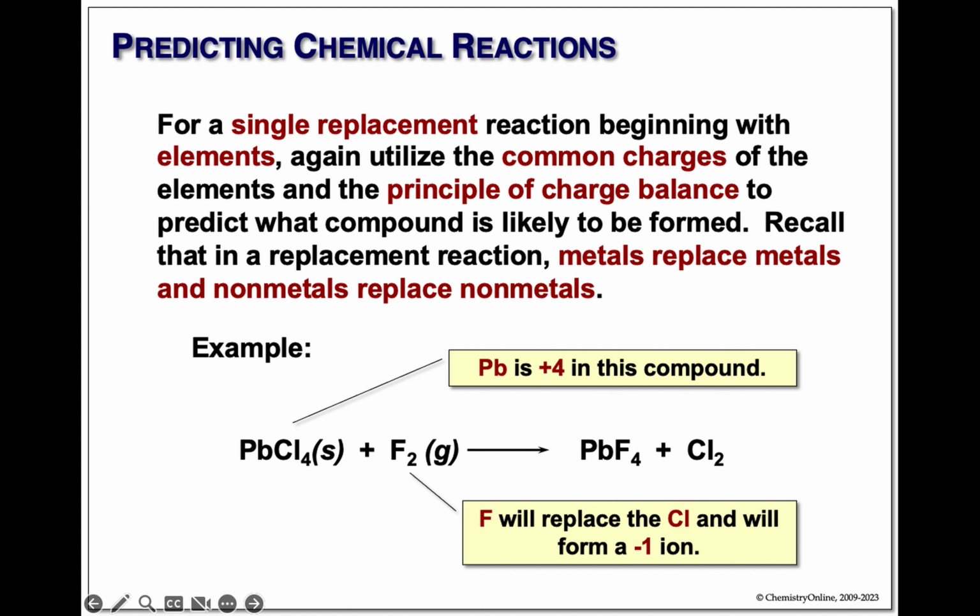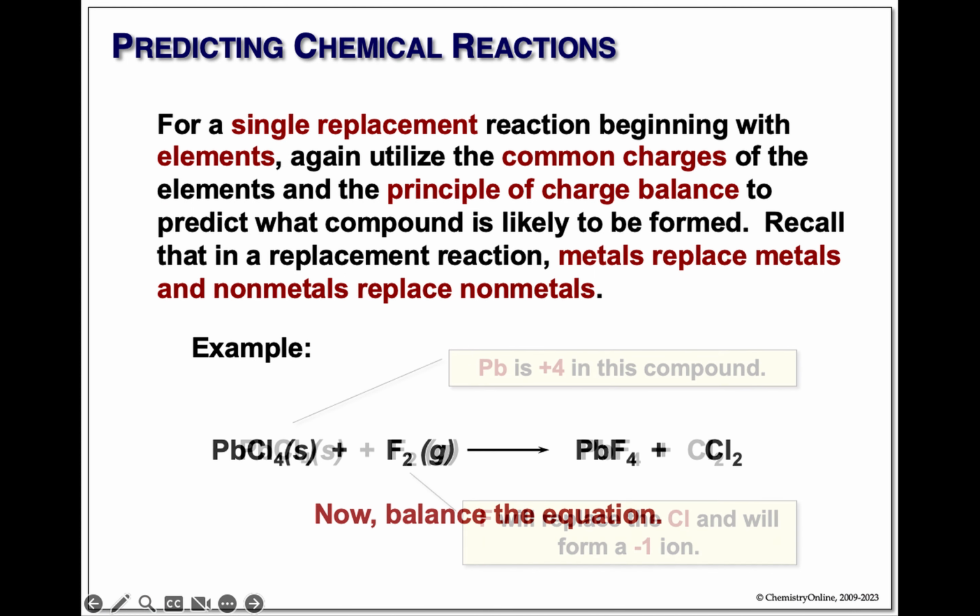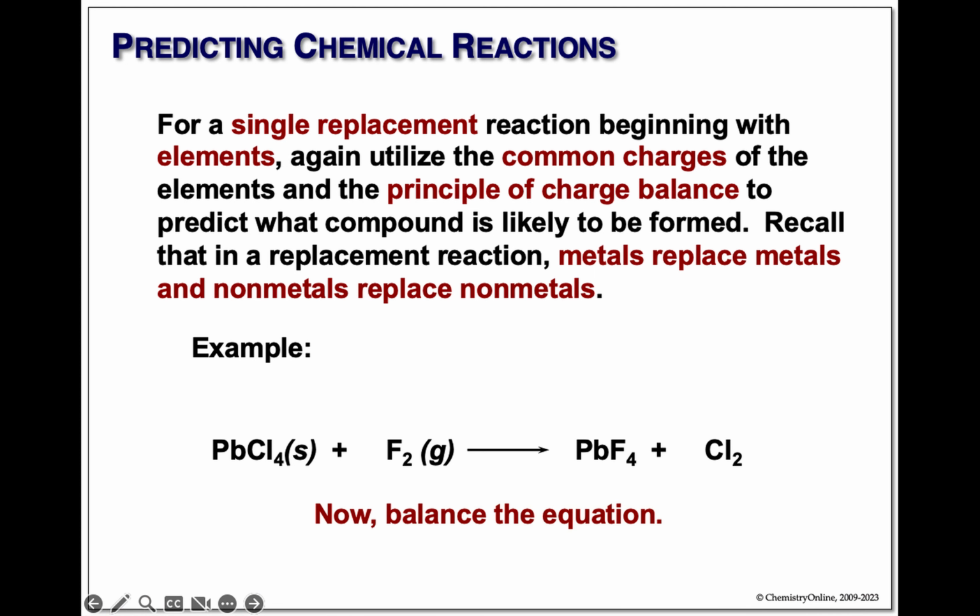Here we don't have odd and even. We just have something that doesn't work. We have one lead, that's good. 4 chlorines, only 2 chlorines. For 2 fluorines, 4 fluorines. Let's start off by doubling our fluorine to give us 4.